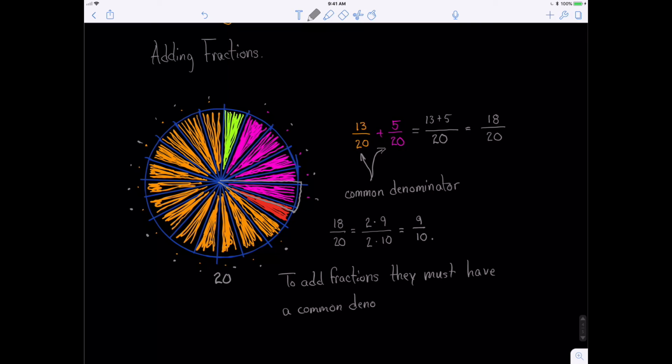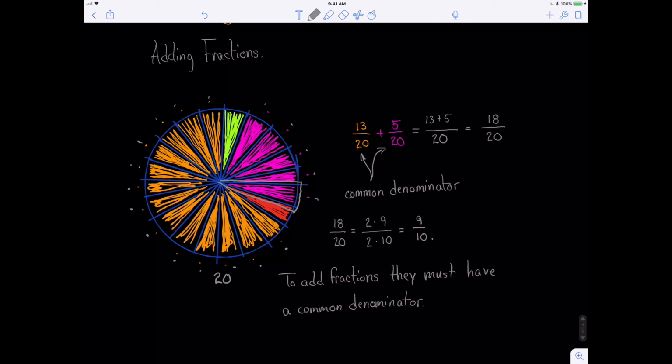Now, there actually is a way to add fractions when they have unlike denominators, but it's really not going to be a main part of this course. And when we do encounter such fractions, we're going to be using the calculator to help us accomplish that.